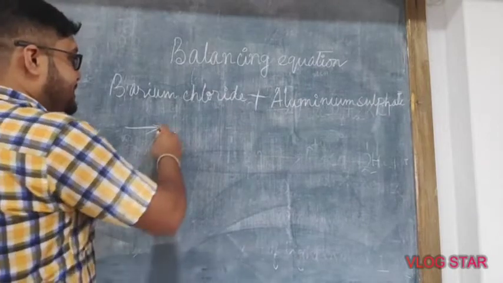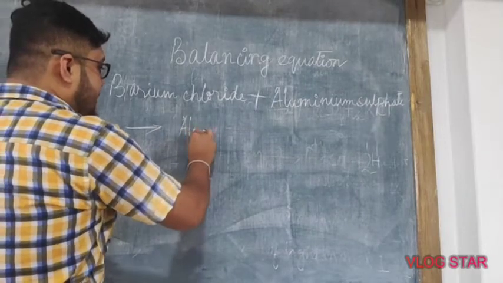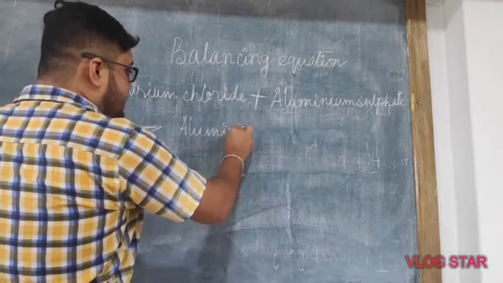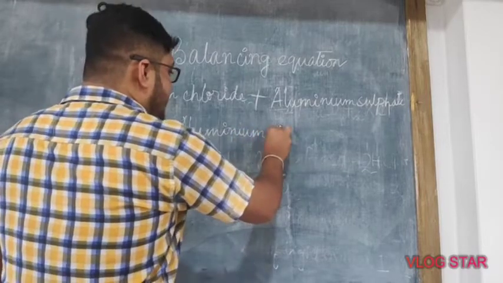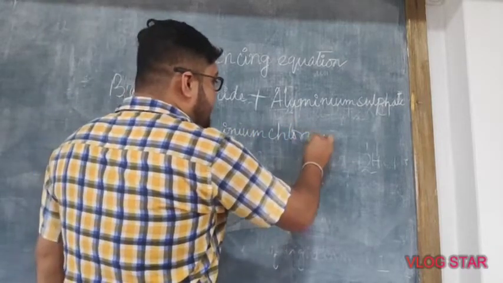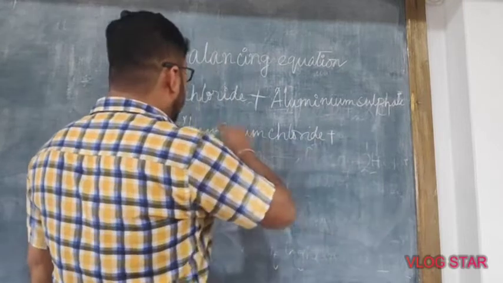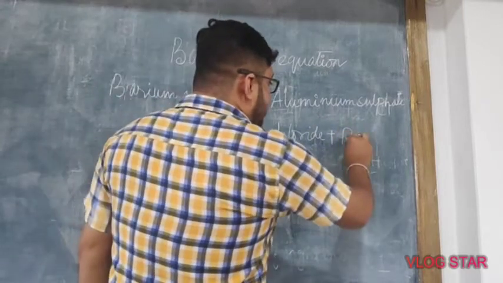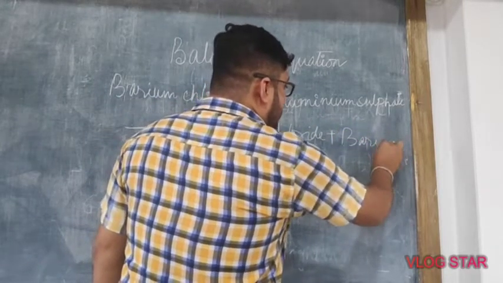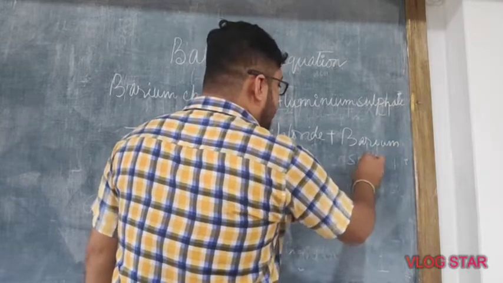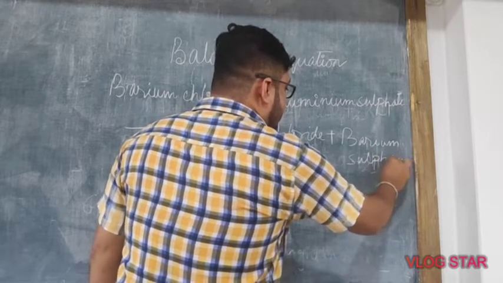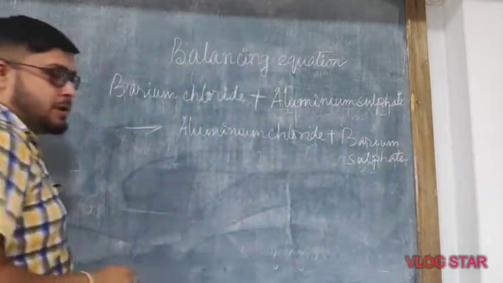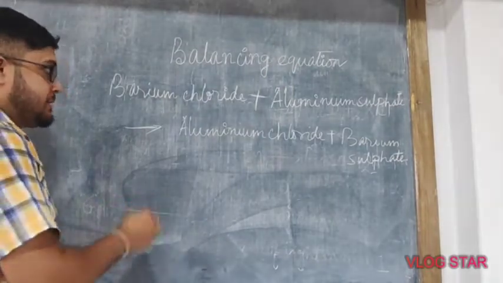We'll get aluminium chloride plus barium sulfate. Now, as I have told earlier, first of all we will write the skeletal equation.